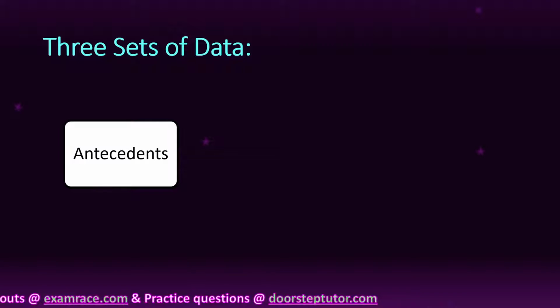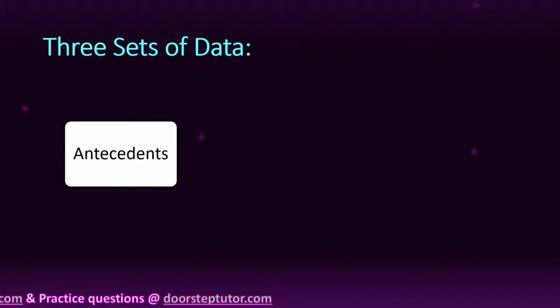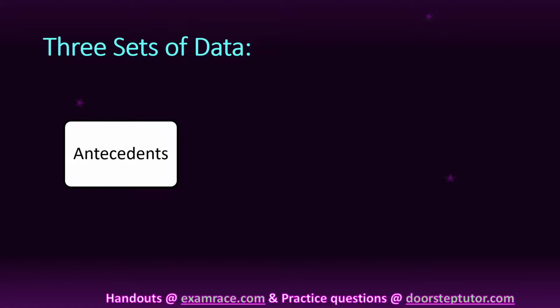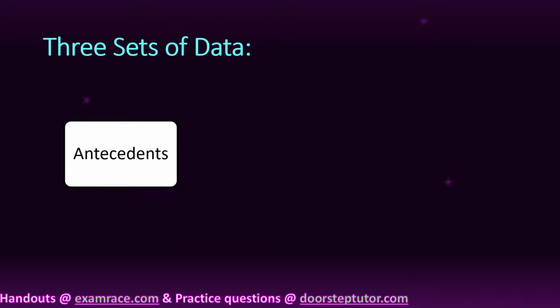If the teacher wants to teach any topic in the classroom, like photosynthesis, what does he do? He sees the previous knowledge of that student, whether he knows about photosynthesis or not. That previous knowledge is determined in antecedents.